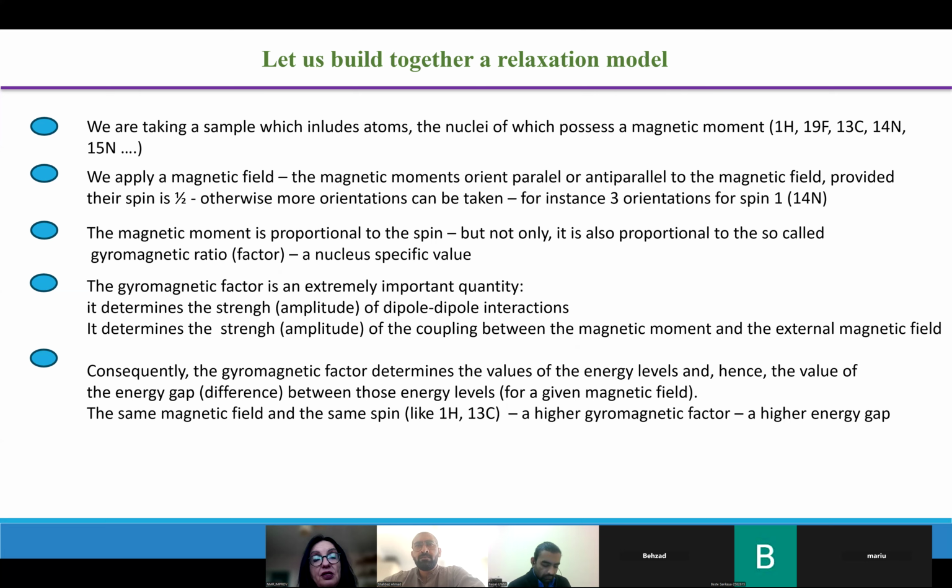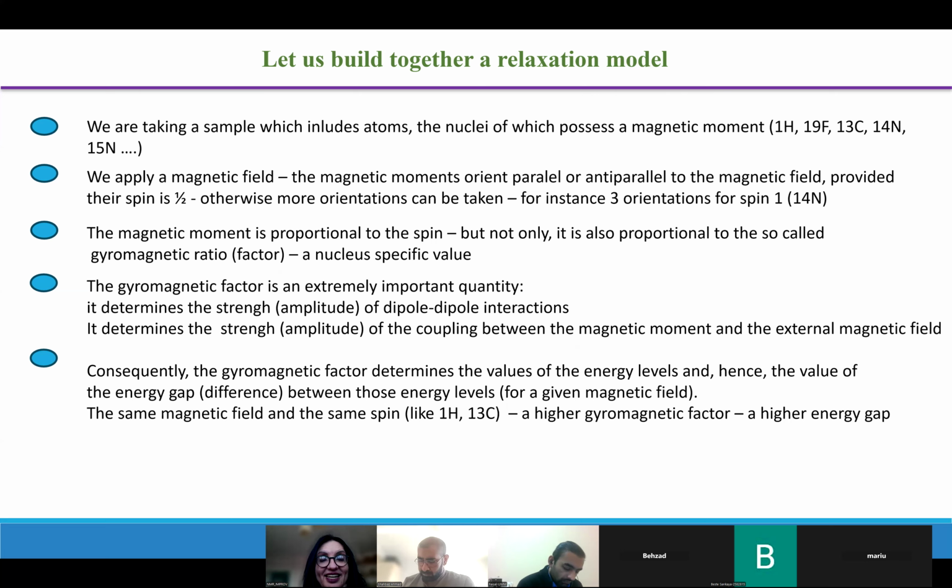There is something called the magnetic quantum number. There are several magnetic quantum numbers. They range from the spin quantum number to minus the spin quantum number. So if the spin quantum number is 1/2, the so-called magnetic quantum number can change between 1/2 and minus 1/2.